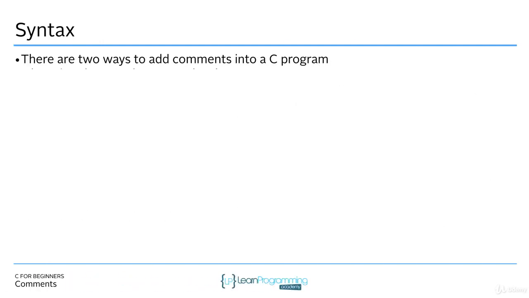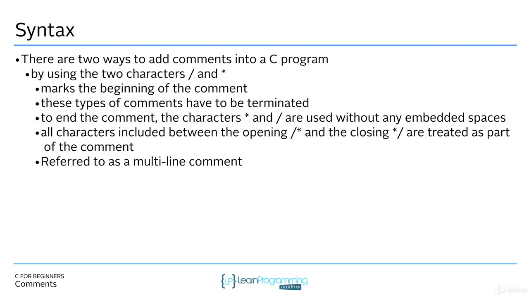There are 2 ways you can provide comments in your code. And again, this is very, very similar to Java, very similar to many languages. But in C, you can either have multi-line comments or single line comments. If you use 2 characters, the / followed by the asterisk, this will signify a multi-line comment, a comment that spans many lines. And the /* marks the beginning of that comment.